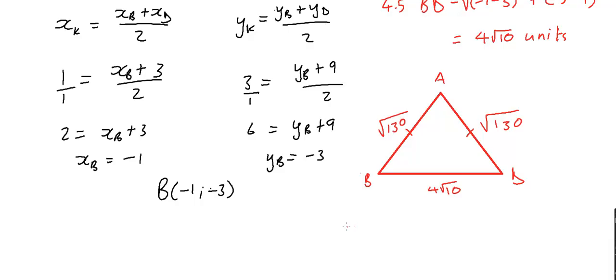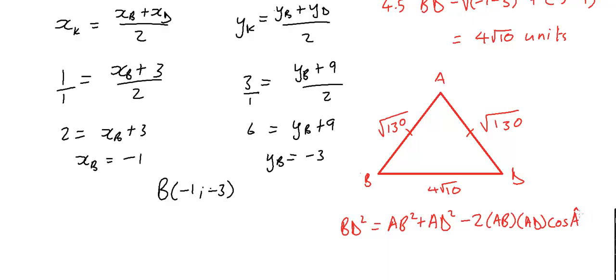Now, the cosine rule says that BD squared is equal to AB squared plus AD squared minus 2 times AB times AD, and then cosine of the angle that is opposite BD, which is A. If we can find that A is not 90 degrees, then this is not a square.